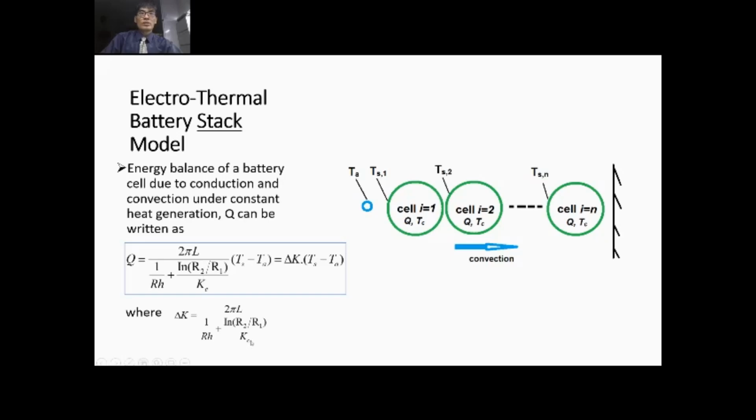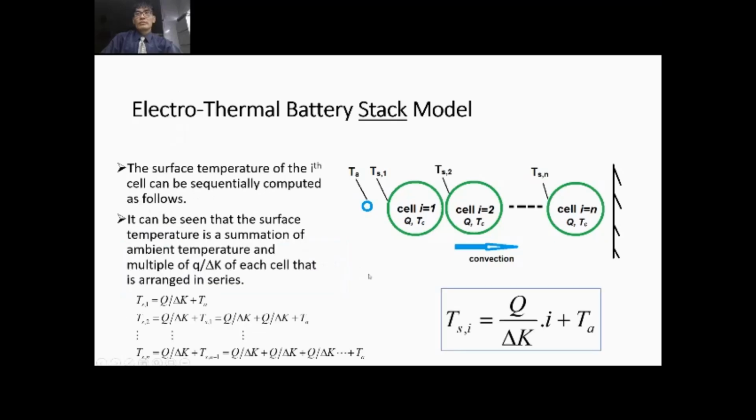Kc is a constant. H is the convection coefficient. These are some constants that we need to find out. In fact, this is also what I condense as delta K. Take note that Ts is the surface and Ta is the ambient temperature.